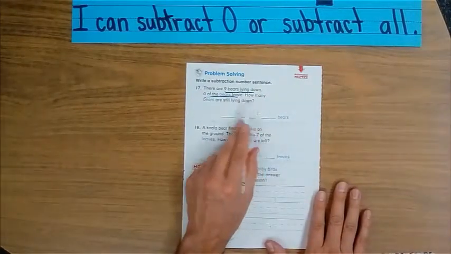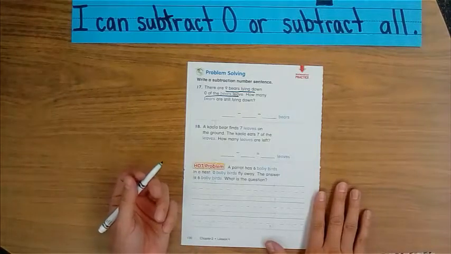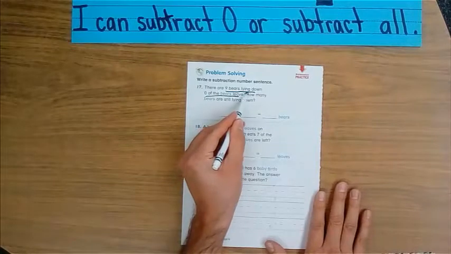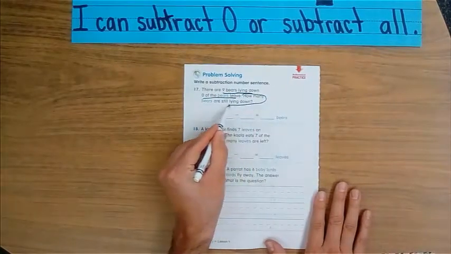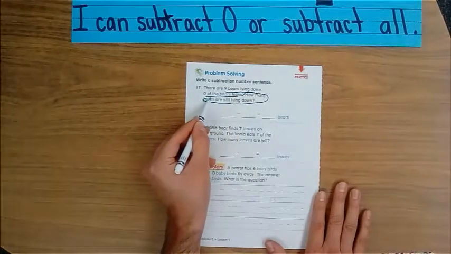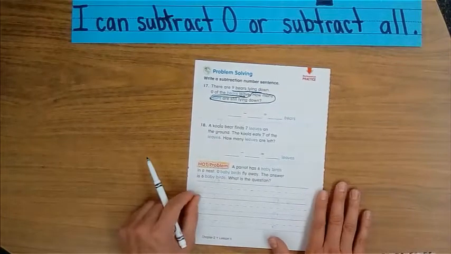And I see a question mark there, so that tells me that that's the mystery, the problem, the thing we have to solve, the question that the problem is asking. And it says, how many bears are still lying down? So I'm going to circle the mystery, the question.